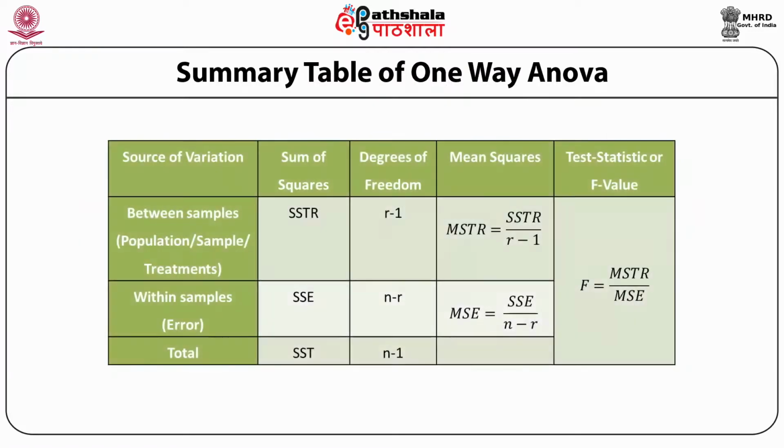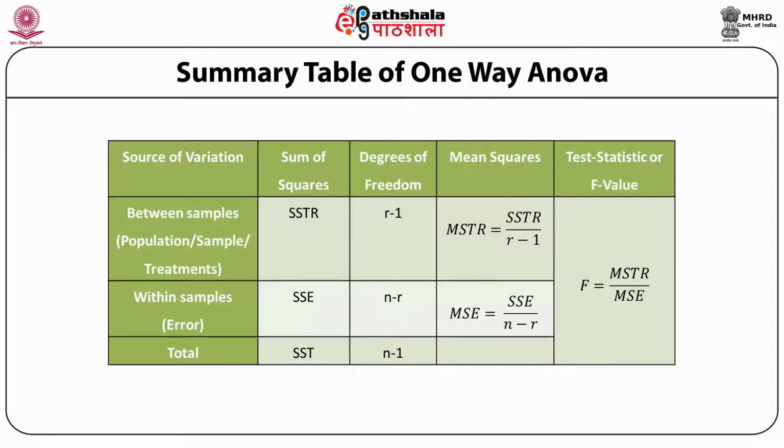After that, you can see the summary table of one-way ANOVA, in which the between sample treatments sum of squares is referred to by SSTR, degrees of freedom by R minus 1, and mean squares by MSTR, which is a ratio of SSTR upon R minus 1.